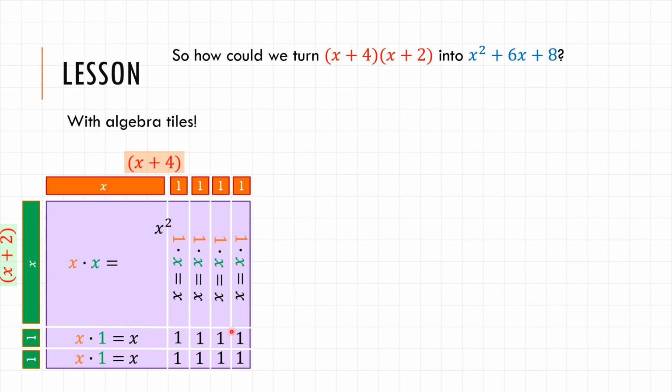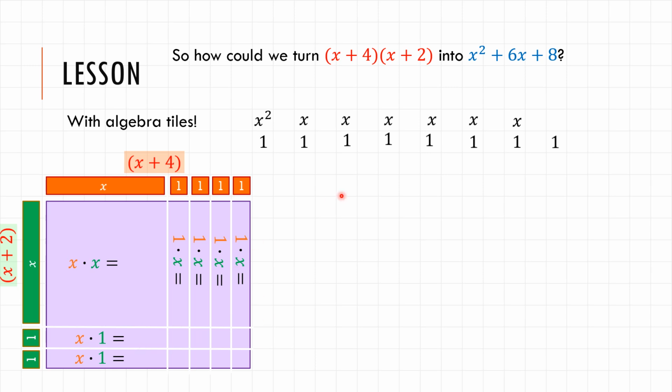The total, of course, would be x squared plus x plus x plus x plus x plus x plus x, plus 1 plus 1 plus 1 plus 1 plus 1 plus 1 plus 1 plus 1. These were the areas of each of the separate tiles, and if we add them all together, we should get the area of the total rectangle. And in fact, doesn't that look really similar to something like this?